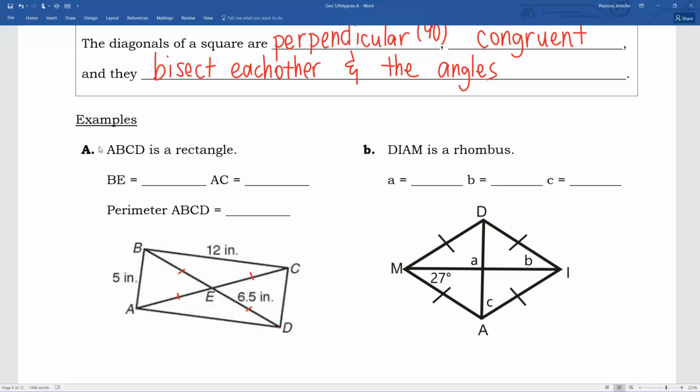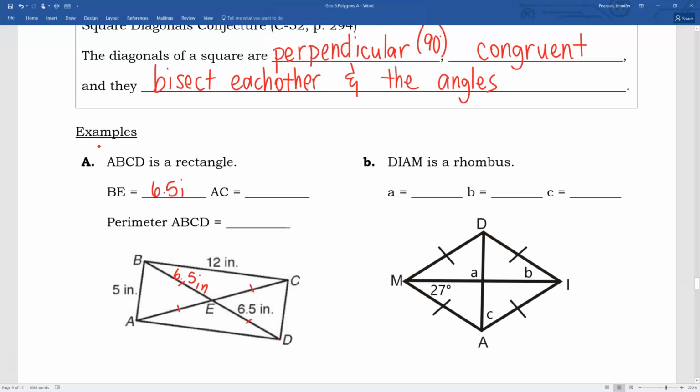That means I also know from B to E is also 6.5. Now this piece from A to E is also 6.5 inches. This piece from E to C is also 6.5 inches. So if I want the total distance from A to C, I can add those two together. 6.5 plus 6.5 tells me that that is 13 inches.